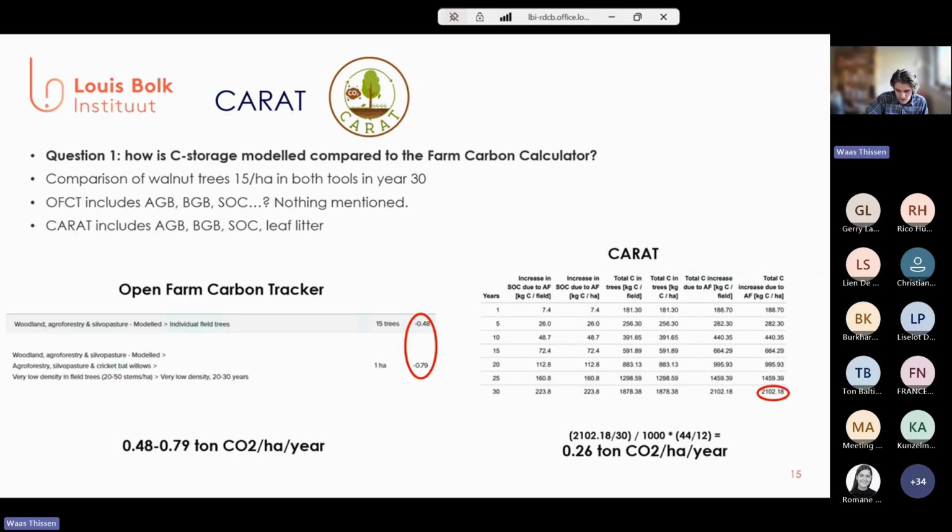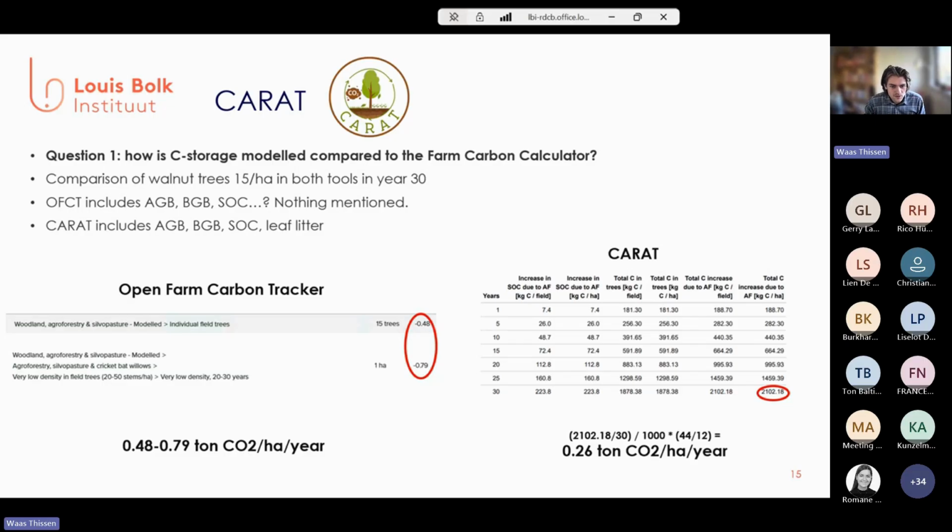So this is how the results come out. One thing I already noticed is that the difference is still quite big, in my opinion. One thing that the Open Farm Carbon Tracker doesn't mention is whether it includes above ground biomass or below ground biomass, and whether it includes soil organic carbon.